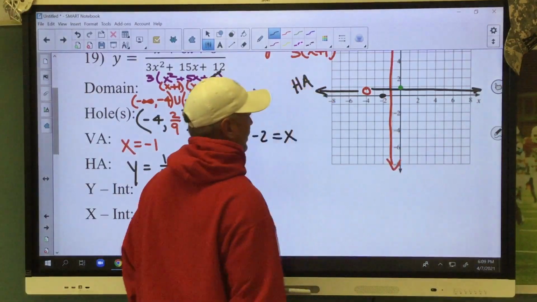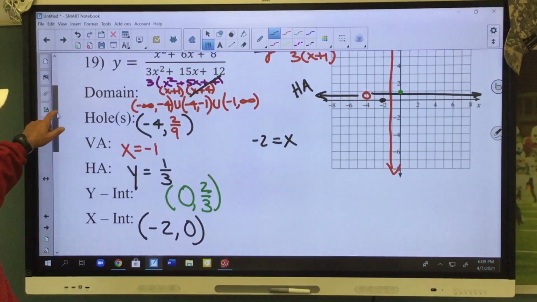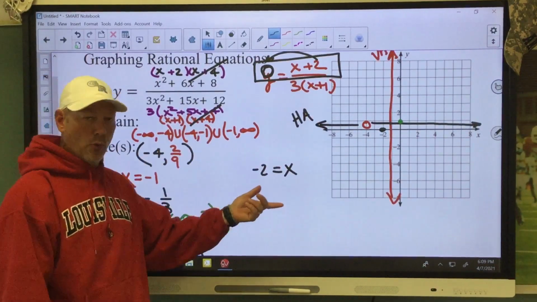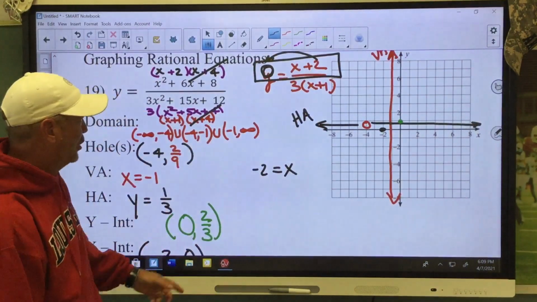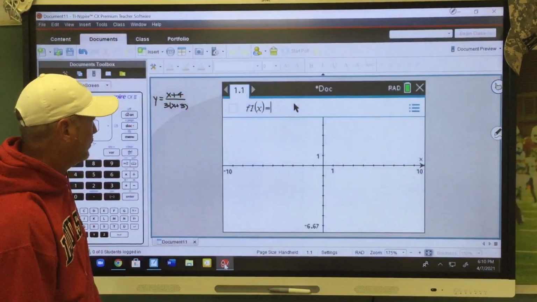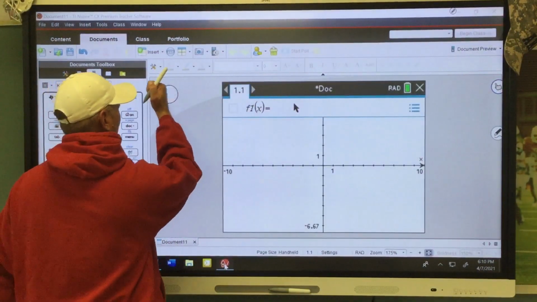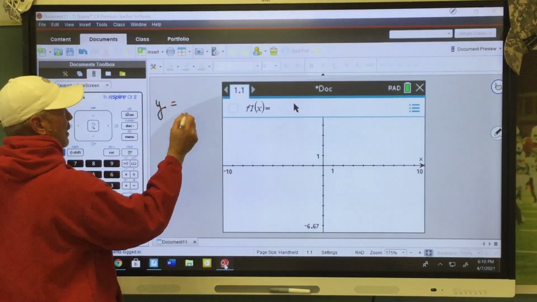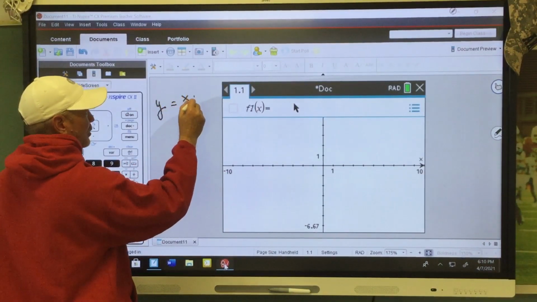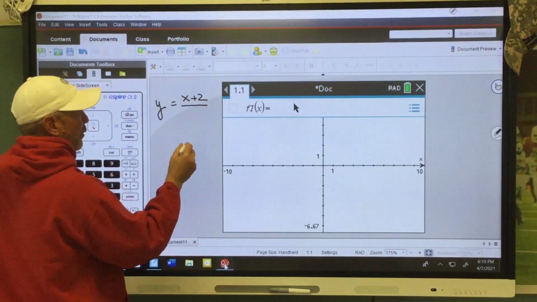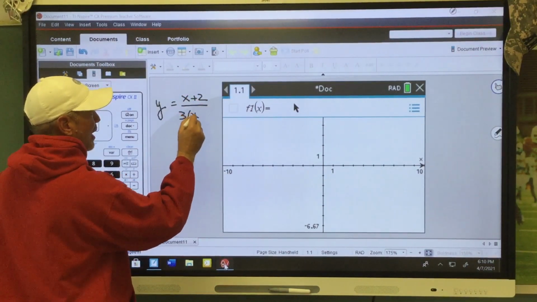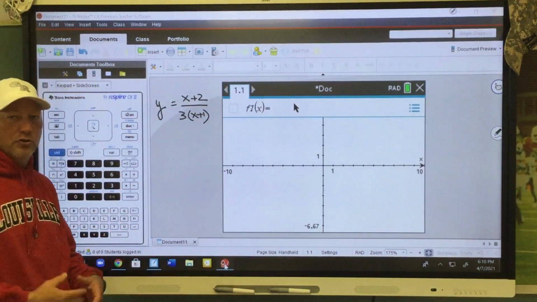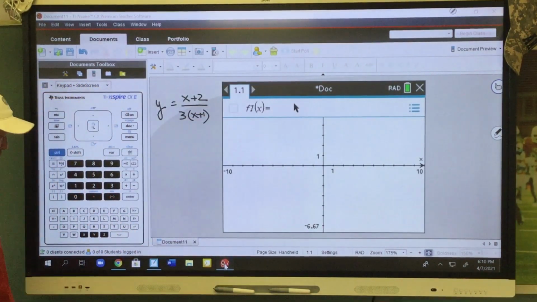Right there. And then to finish this out and find some points, we would graph this. If you go to your calculator, enter x plus 2 over 3x plus 1. I would suggest you use parentheses, but it's your choice.